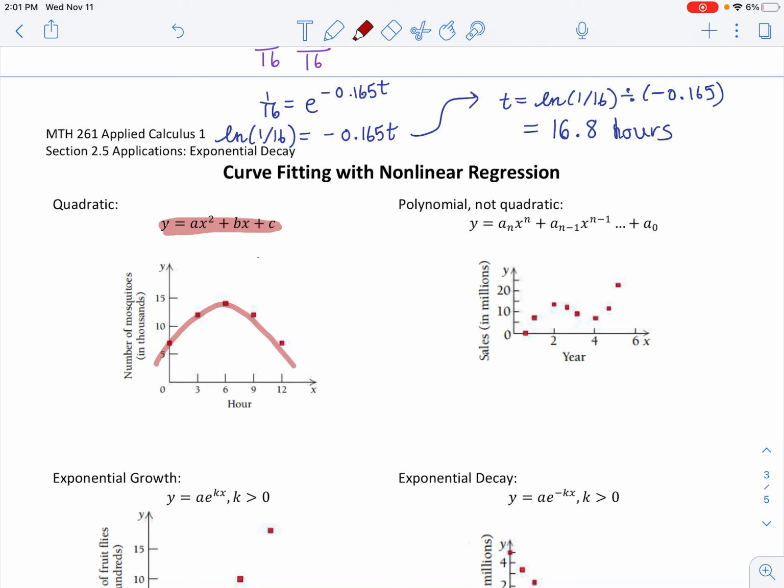So this is just a quadratic. Basically, we look at the shape of these dots, try to draw a regression curve, and if that's a parabola, we know it must be quadratic.